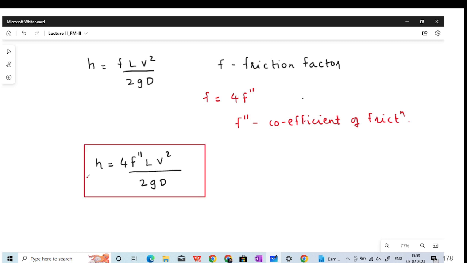Most of the time in exams, when you are solving the problem, they will give you the coefficient of friction, and when it is given, you can make use of this formula. So this is a formula by which you can calculate head loss due to friction, the major energy loss in the long pipe.